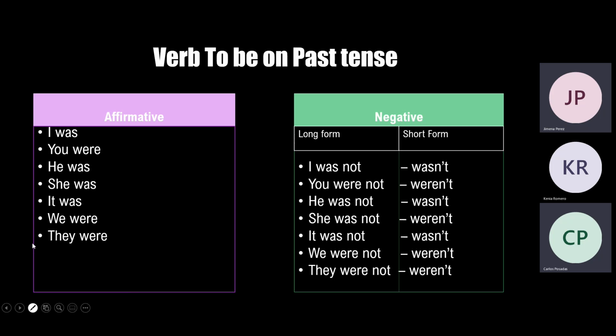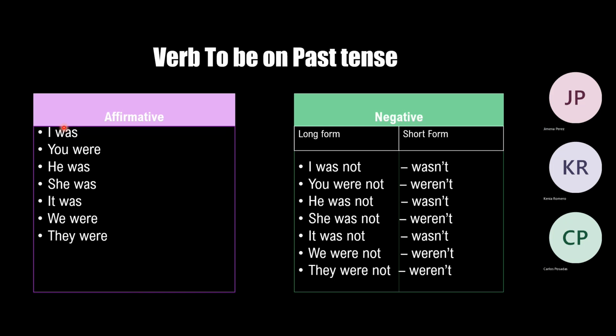So I can write I was, he was, she was, it was, or I can write you were, we were, they were. So we have here two options. Was is for the subjects I, he, she, and it, and were is for you, we, and they.